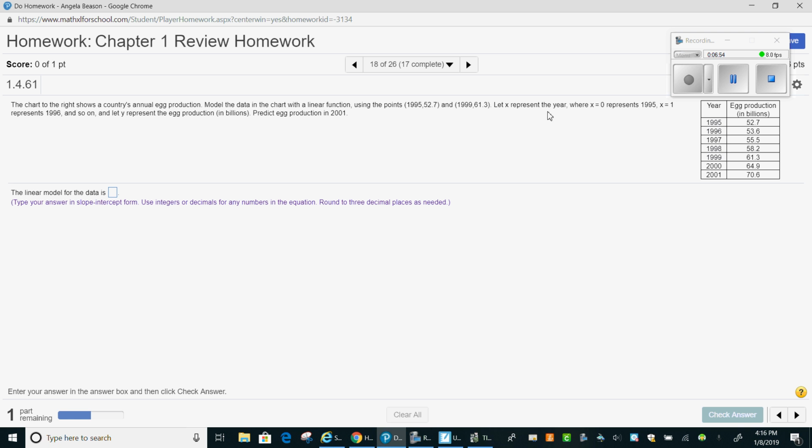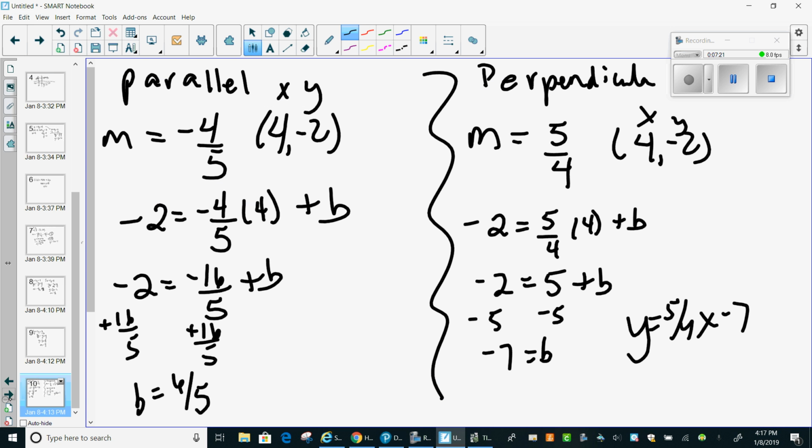Let x represent the year, where x equals 0 represents 1995, x equals 1 represents 1996, and so on. Let y represent the egg production in billions, and then we're going to predict the egg production in 2001.